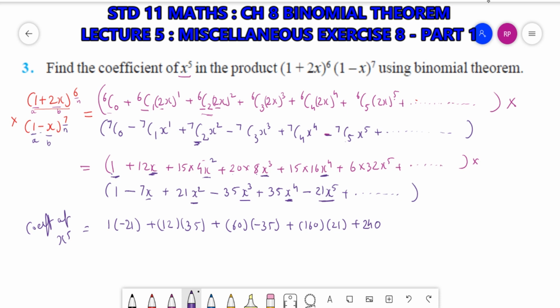240. 15 times 16 is 240, 240 into 7, plus, it's minus 7, sorry. x is to 5, 6 into 32, so 32 into 6, that's 192, multiplied by 1. Clear?